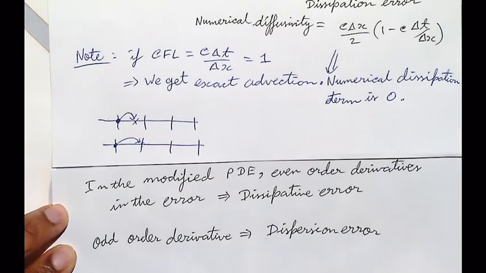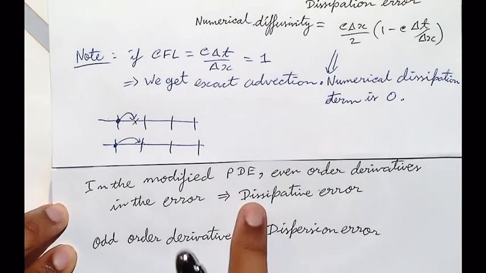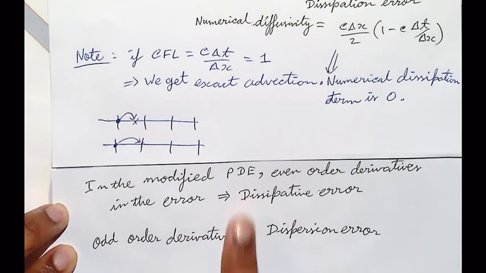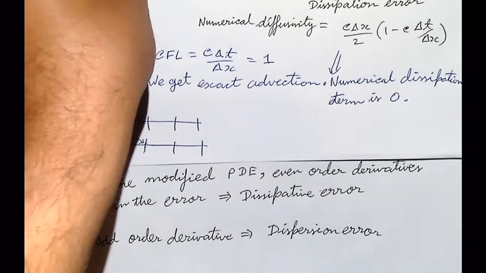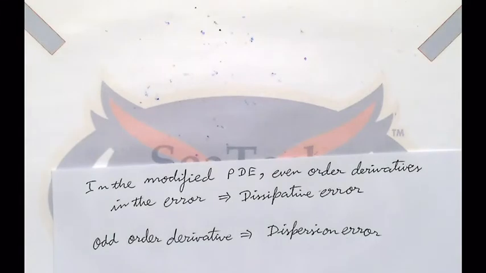Okay. Dissipative is when peaks get washed out. Dispersive is when the shape basically gets distorted. And that happens because it affects the wave speed details, which we don't need to worry about for now. Okay? Everything makes sense?